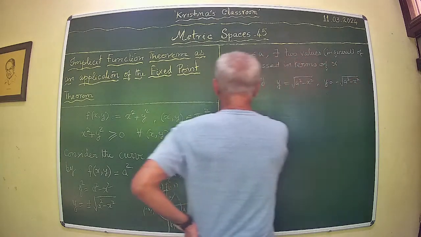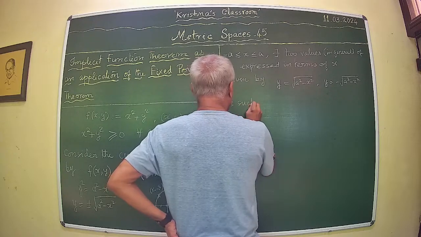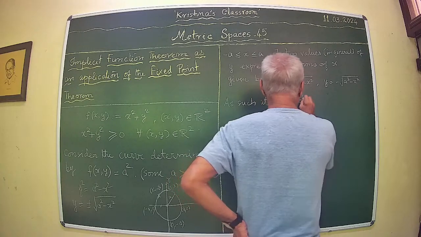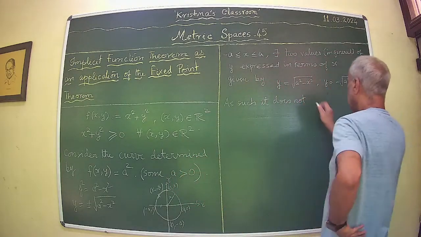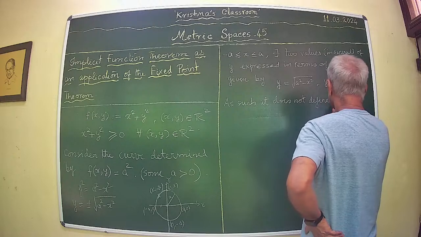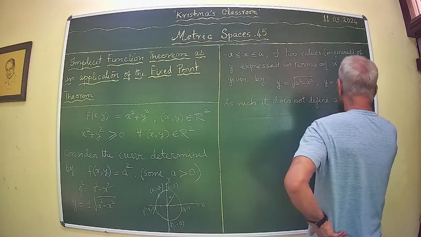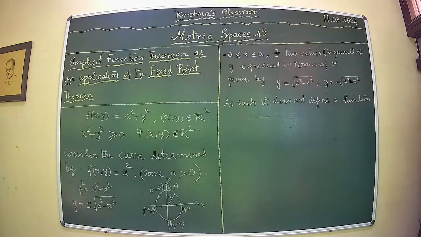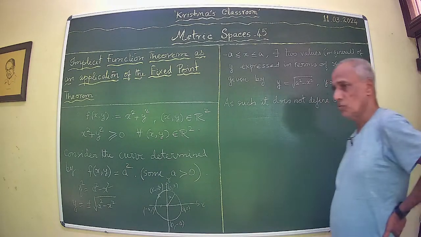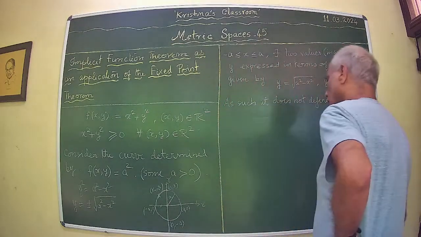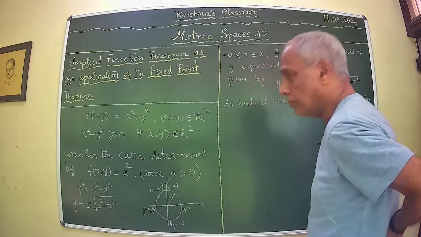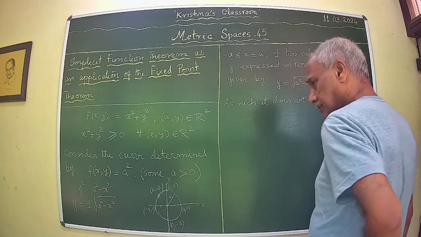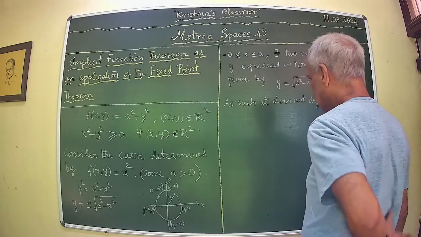So as such, it does not define a function, because for each x there is more than one value, and therefore it's not a function. Now, how can you make it a function? By restricting the range.